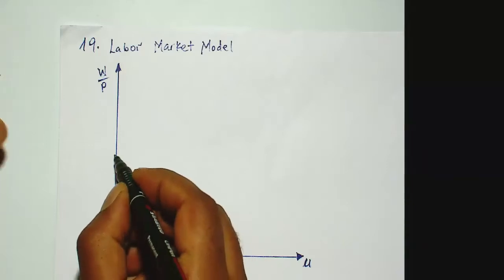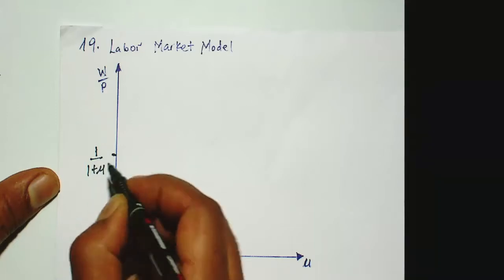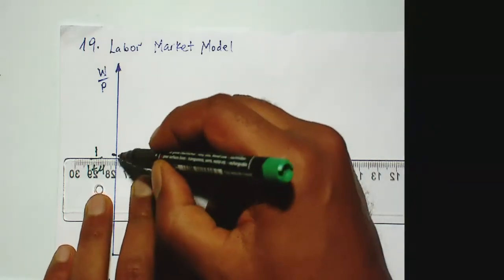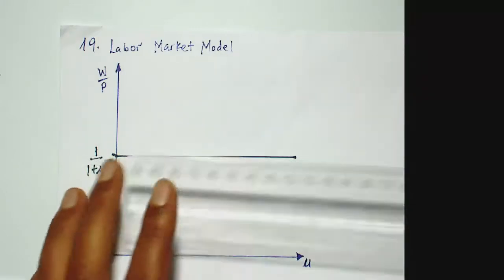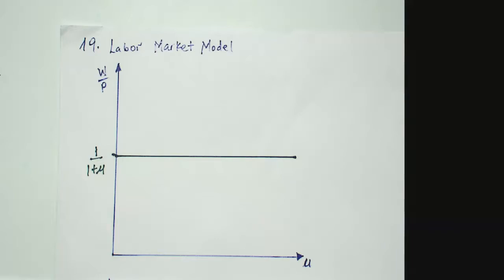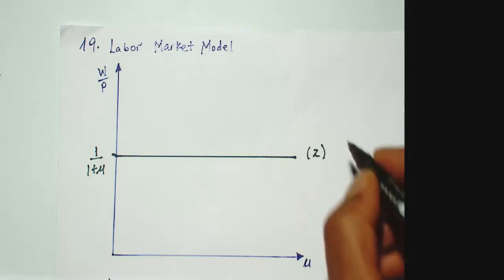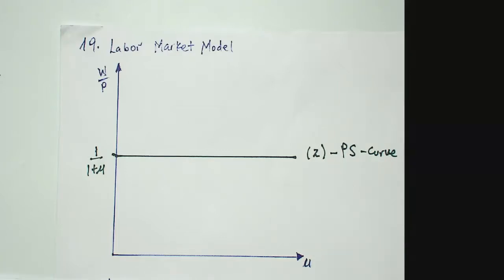This is actually not dependent on the unemployment rate. So 1 over 1 plus mu gives us the second formula, which indicates the price setting curve. However, we have seen that the wage setting formula, which is the first formula, depends on unemployment rate.